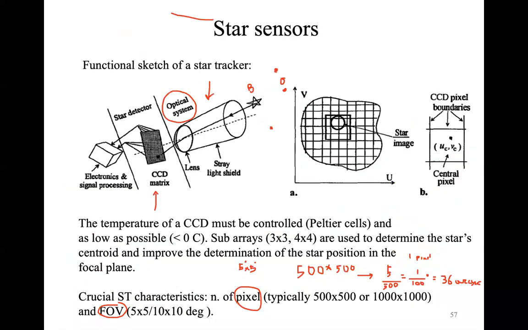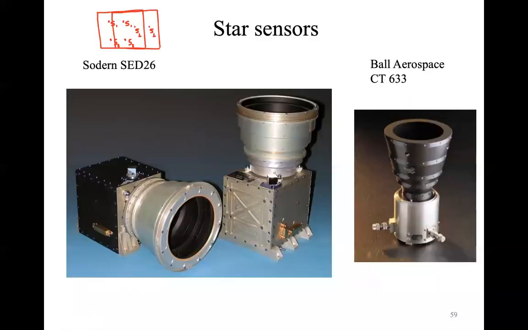Okay, so the question was regarding the tracking mode. The question is: if one of the stars is going outside my field of view, how am I able to use another star in my model in order not to affect the solution of the attitude determination?